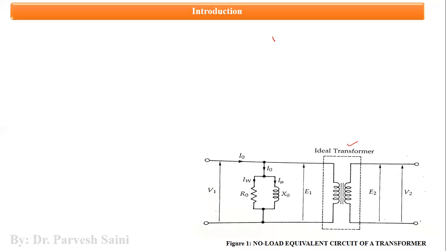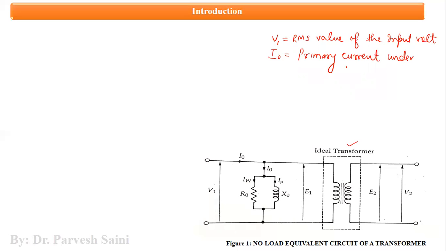V1 is the RMS value of the input voltage, and similarly I naught is the primary current under no load.